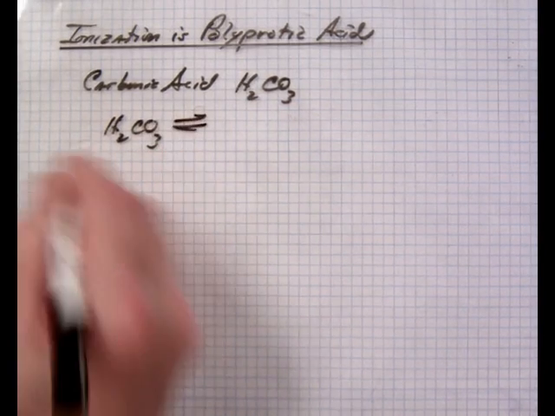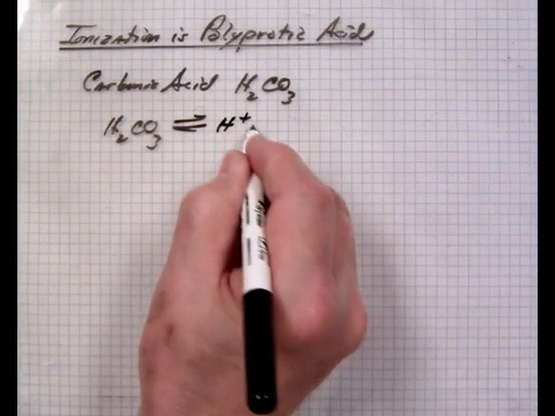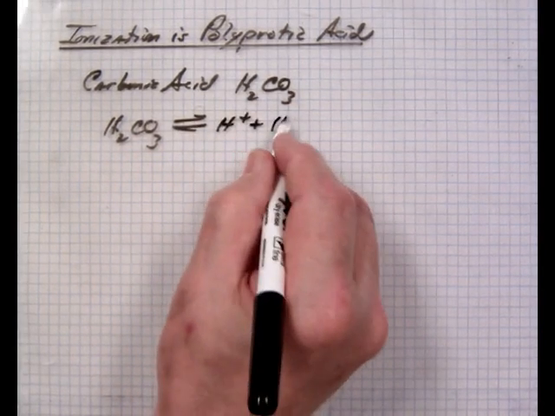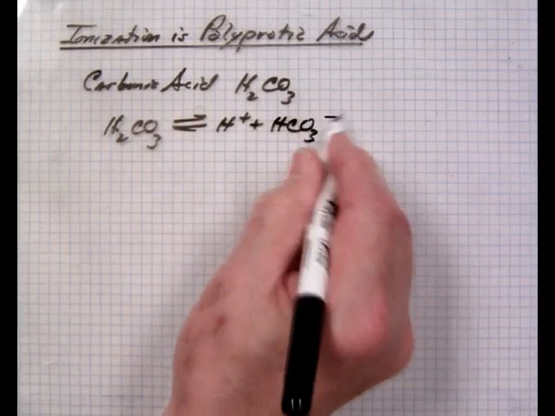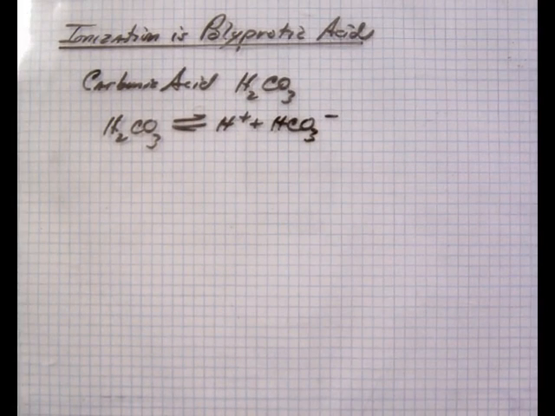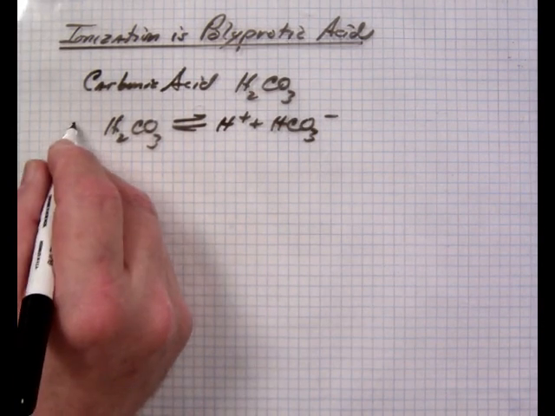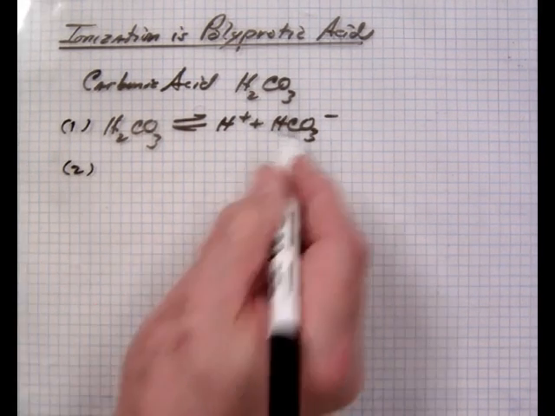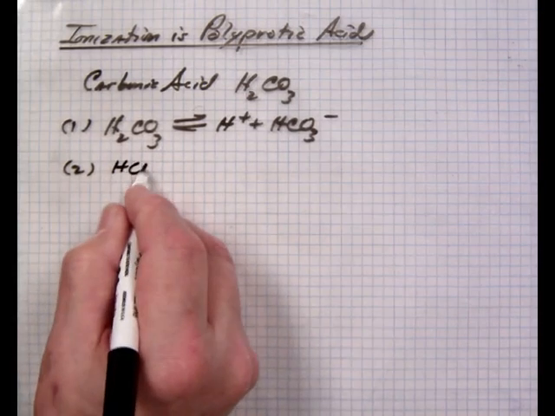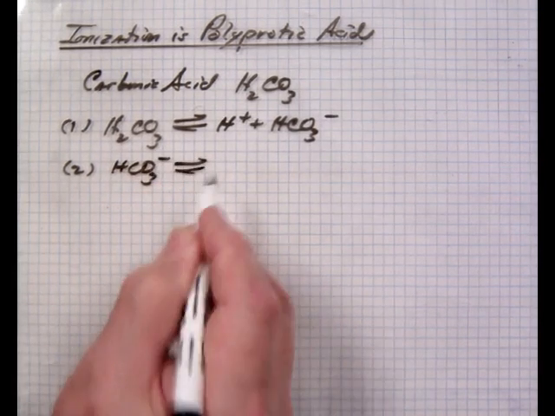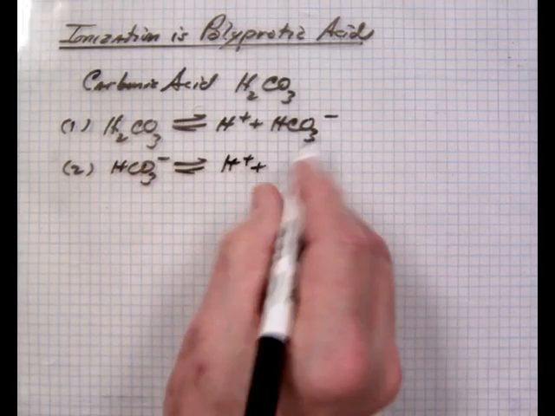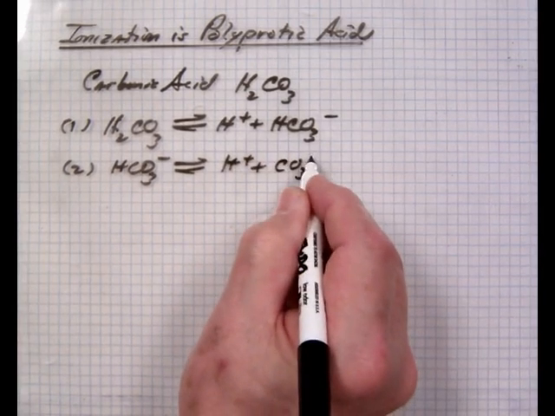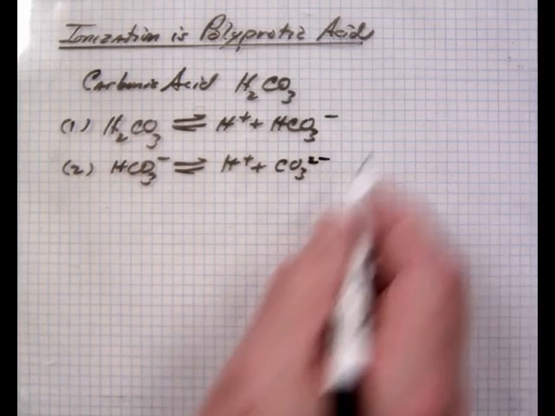H2CO3 delivers the first hydronium ion, and you'll have a bicarbonate ion left hanging on the end. That's the first ionization. The second ionization step would be the bicarbonate ionizing to give another hydrogen plus CO3 2-.